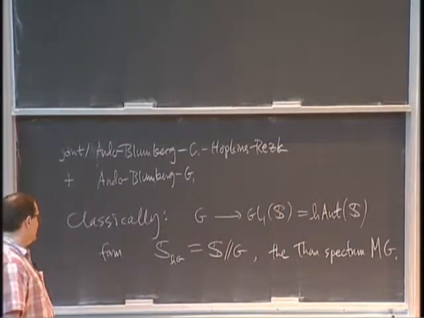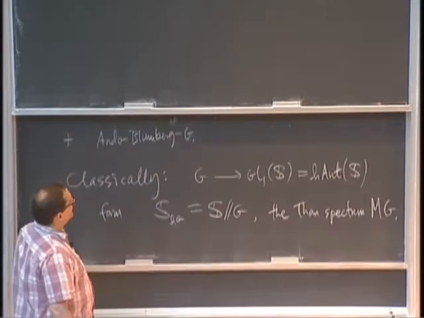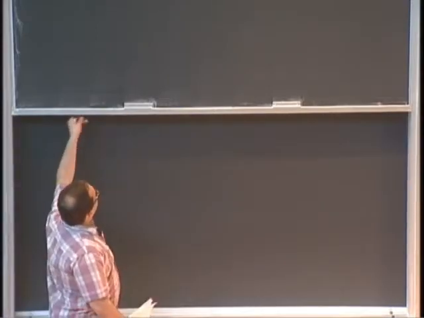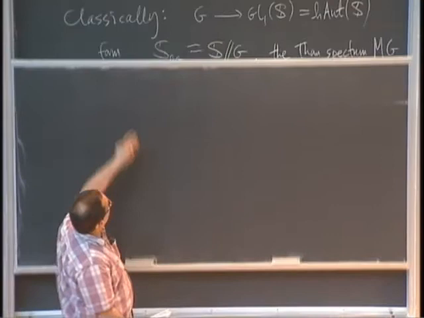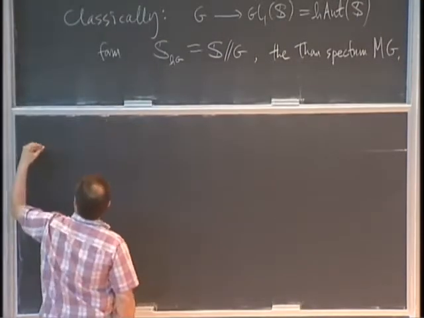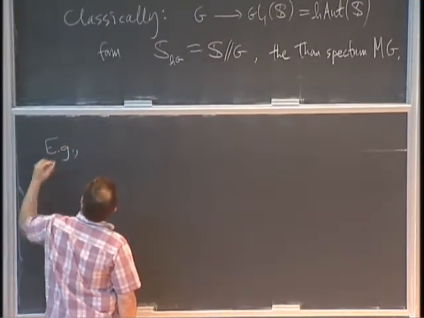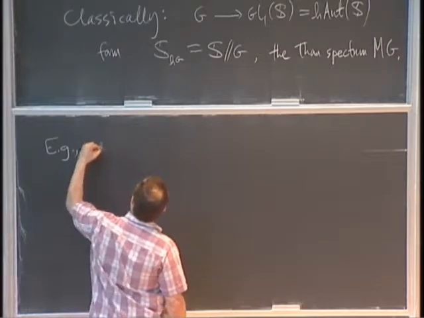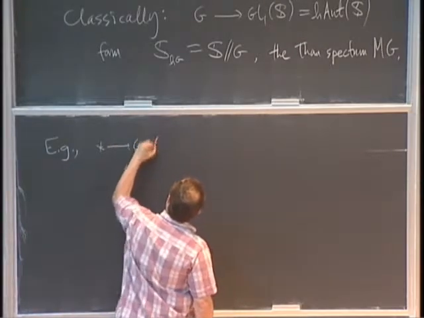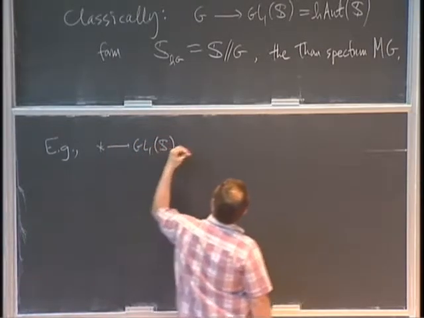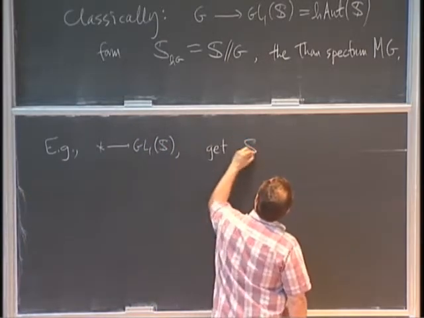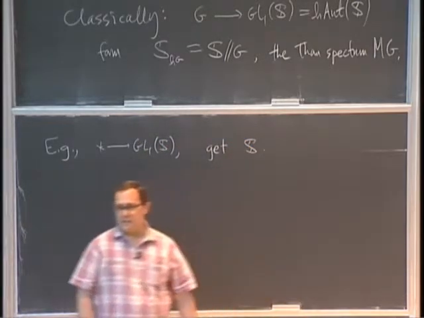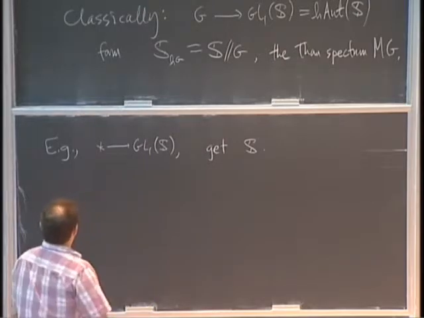So you've seen a lot of these. I'm sure everyone in the audience has seen numerous examples of these. So, for example, if we take point into GL1 of S, we just get S itself under the guise of framed cobordism.